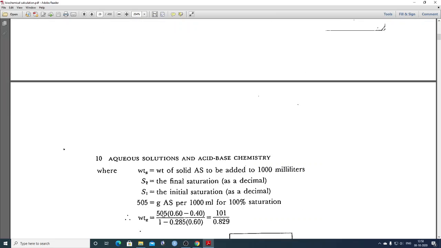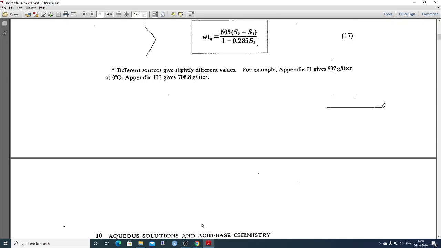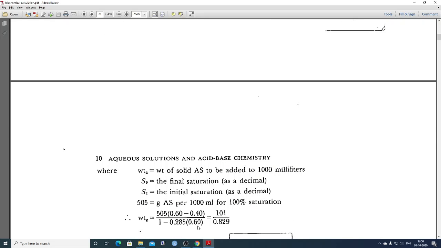Here, this is the weight of ammonium sulfate added to 1000 ml. S2 is the final concentration and S1 is the initial saturation. 505 grams of ammonium sulfate per 1000 ml is 100% saturation, so you write that here. Multiply by the final concentration 0.6 minus 0.4, divided by 1 minus 0.285 times S2, where S2 is 0.6.